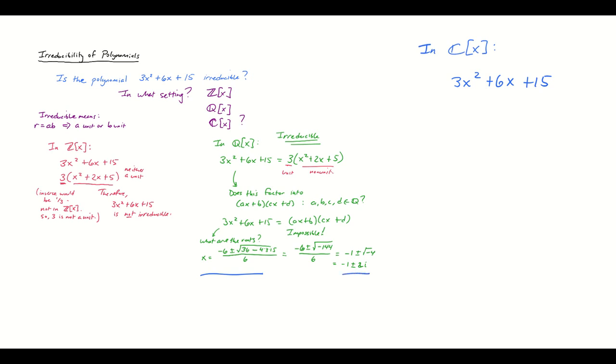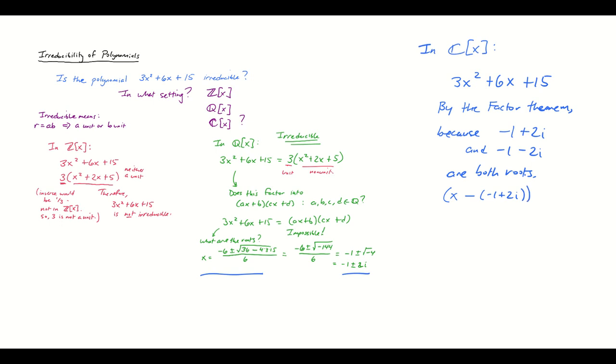So if I allow those to be coefficients of polynomials, which I am doing in C bracket x, then by the factor theorem, because -1 plus 2i and -1 minus 2i are both roots, these two linear polynomials, x minus (-1 plus 2i) and x minus (-1 minus 2i), both of these have to be factors.